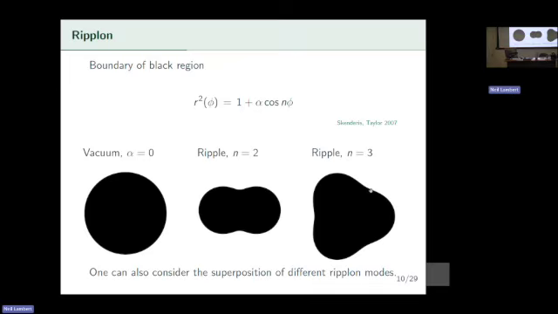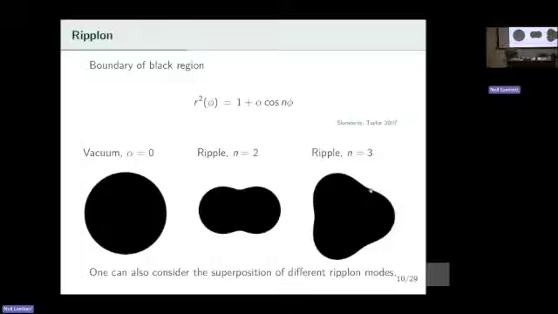It will be related to the conformal dimension of the chiral primary operator. In particular, I'll be focusing on n equals 2, and later I will show you the result for the n equals 3 mode.